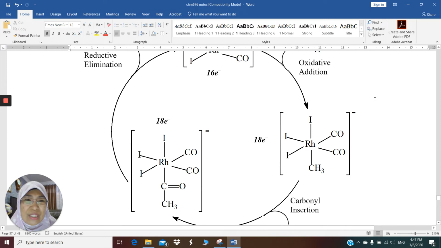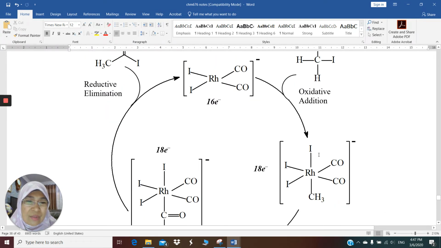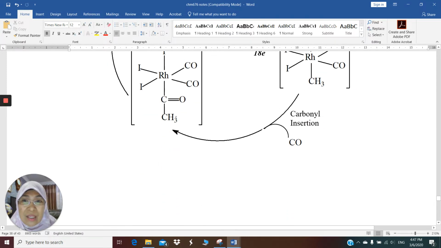So by putting in first the methyl, and then the carbonyl, what you get now is the methyl is seated next to the carbonyl. Being in close proximity allows the methyl and the carbonyl to react.